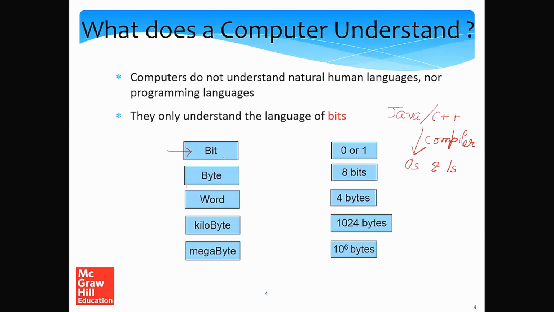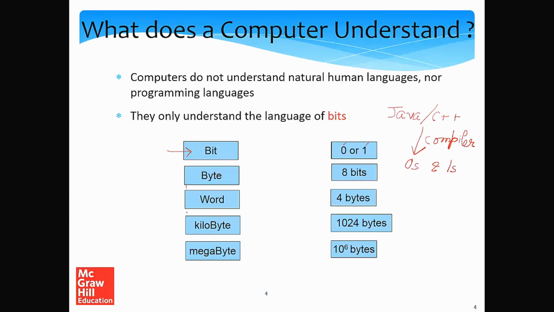So let's define the terms with regards to zeros and ones. A bit means a basic variable which can take only 2 values, which is a 0 or a 1. A byte is a sequence of 8 bits, which means 8 numbers where each number can either be 0 or 1. A word is a sequence of 4 bytes or 32 bits.